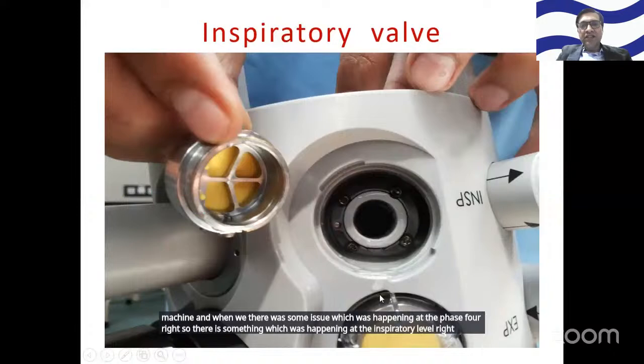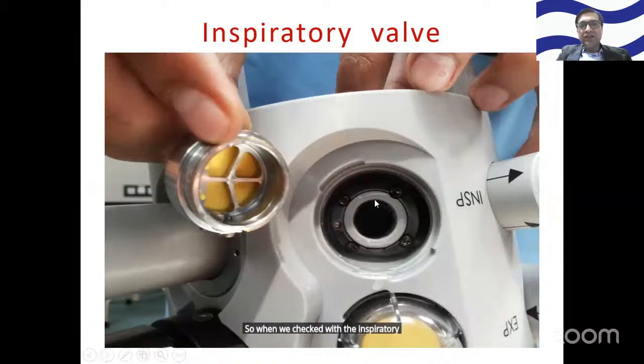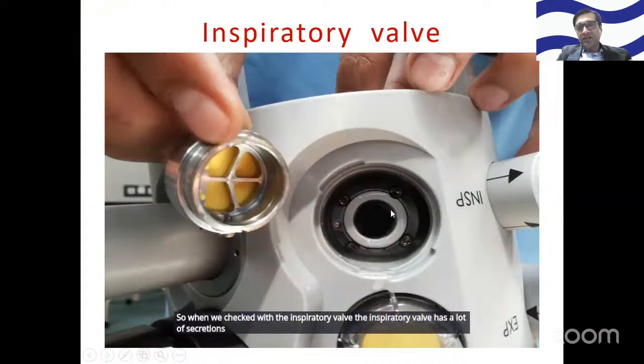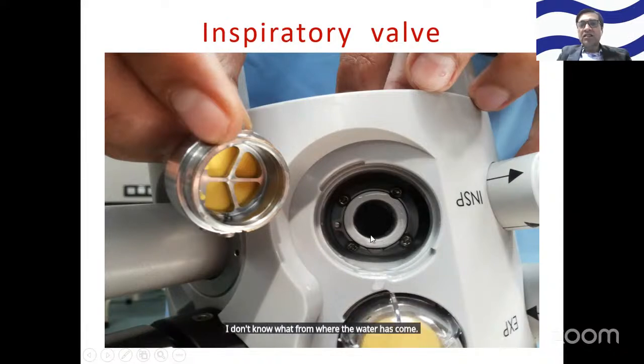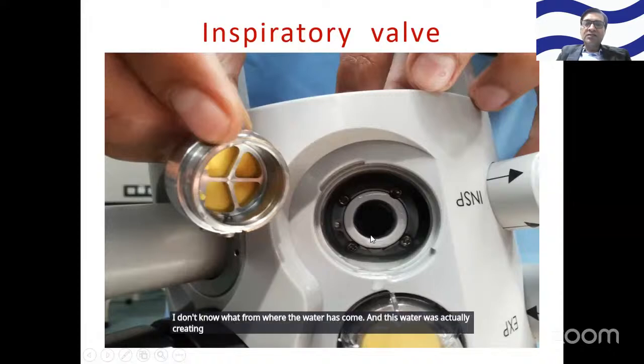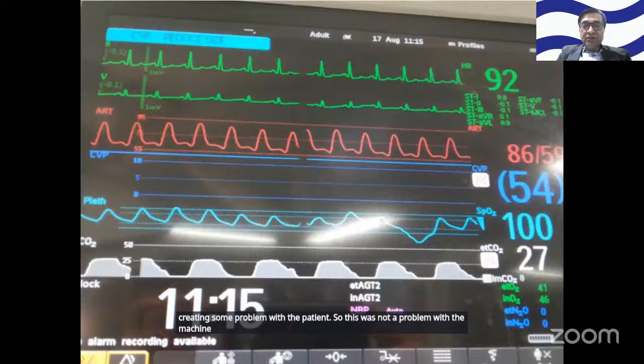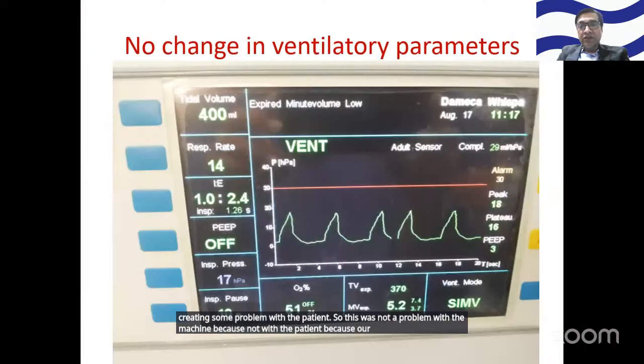The inspiratory valve had a lot of secretions, or maybe the soda lime had some issues and generated some water vapor, and this water was getting condensed in the inspiratory valve. I don't know where the water came from, but it was creating a problem. This was a problem with the machine, not with the patient, because our airway pressures were okay.